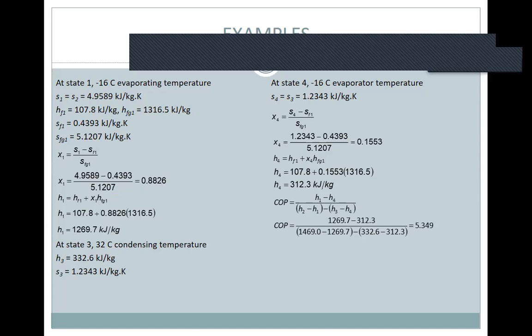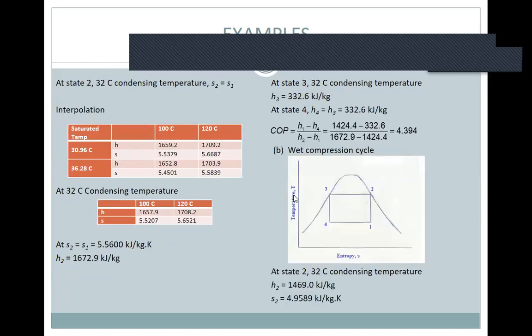So, H of 4 is equal to H of F1 plus X of 4 H of FG1. So, H of 4 is equal to 107.8 plus 0.1553 times 1316.5. So, H of 4 is equal to 312.3 kilojoule per kilogram. So, yun. Kasi wala tayong available pinakitang kanyang TS diagram.